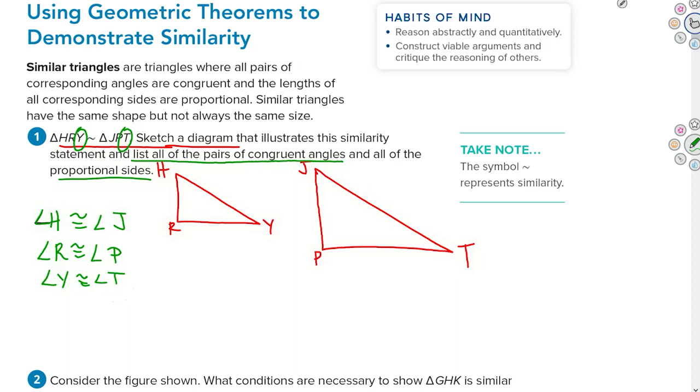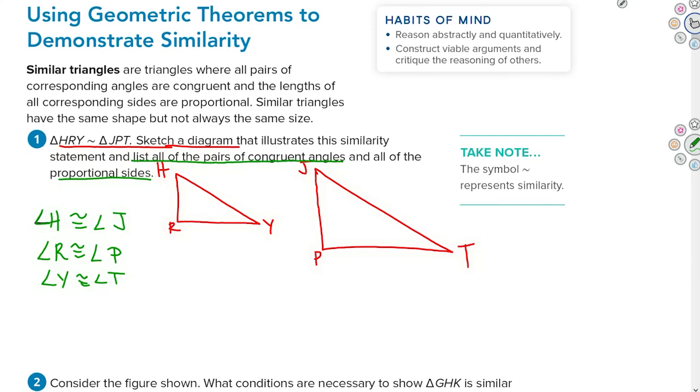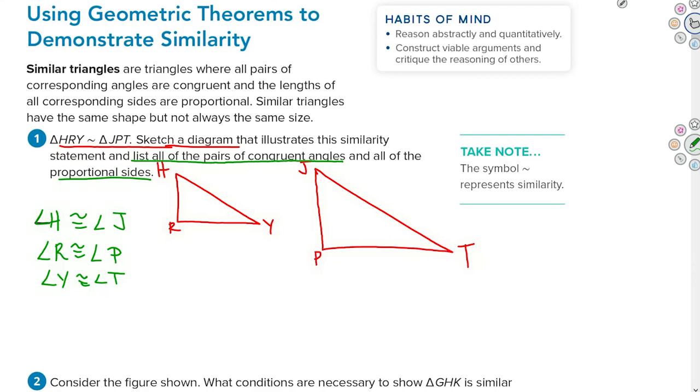Now, the proportional sides one is also a new one for us. Again, you can get this from the picture or the similarity statement, but HR divided by JP is equal to, I'm doing a left over right ratio, RY over PT, so these second two and this second two, is equal to the first and last.